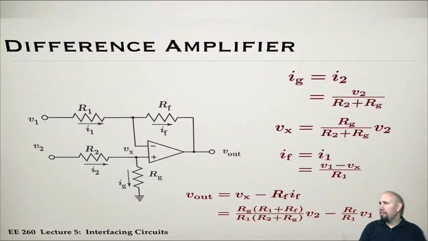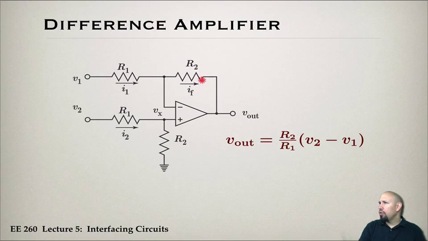Okay, so if we choose the resistors this way so that these 2 resistors are identical and these 2 resistors are identical, then we have this relationship. And so notice we have a pure difference between V2 and V1, and here we have this ratio that can be used to establish a gain. So the difference amplifier is very helpful.